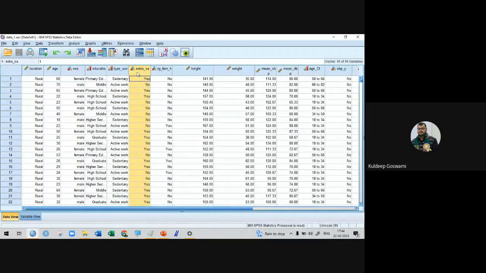Extra salt means whether the person consumes extra salt, with two options, yes and no. Sometimes a person has an intention or likes to use extra salt while eating something. Then height of the respondent, weight of the respondent, mean systolic blood pressure.